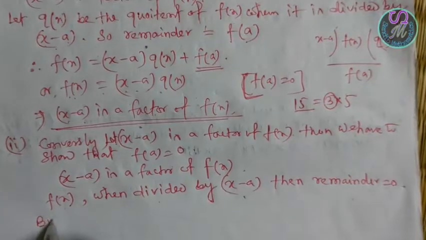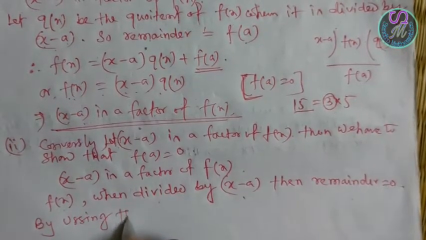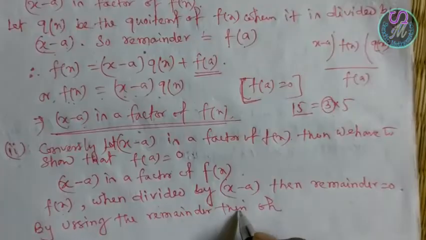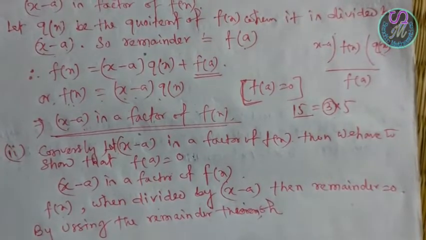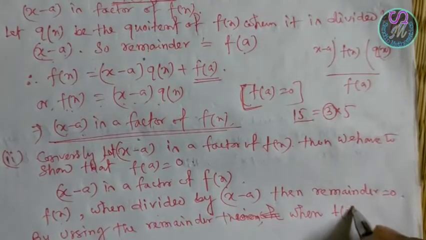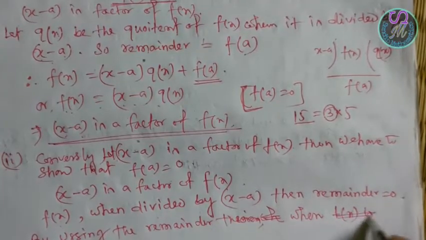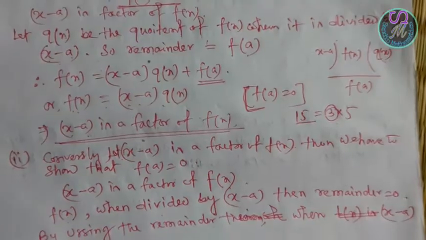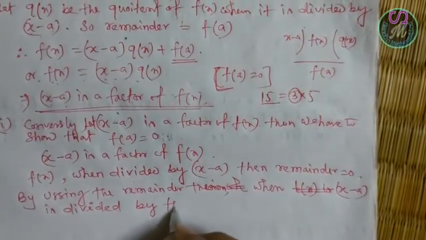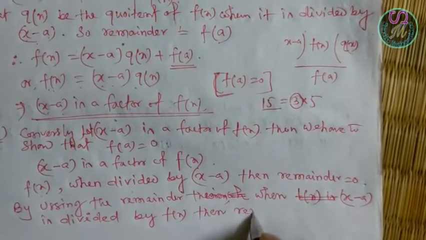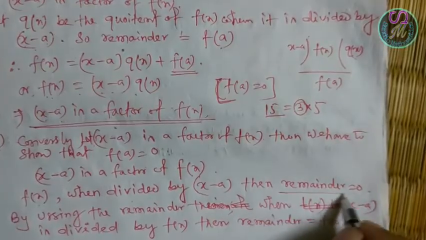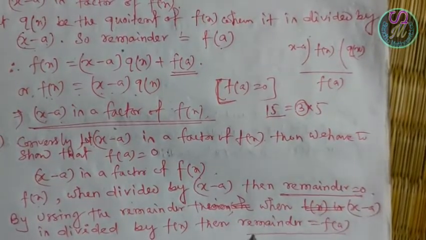And by using the remainder theorem, when f(x) is divided by x minus a, the remainder equals f(a). Here the remainder is 0, and we can also say that the remainder is f(a).